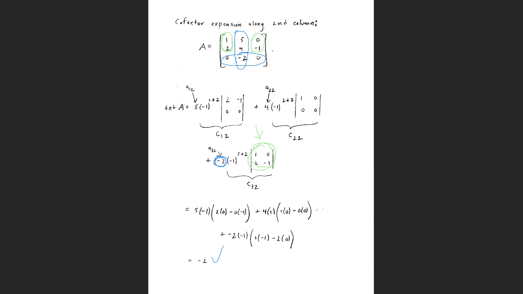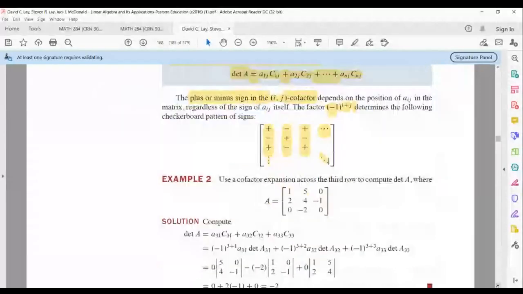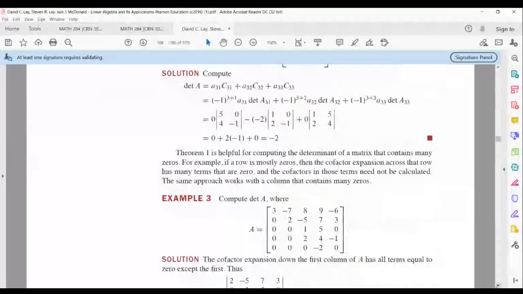If you're good with this, I'll move to example 3. Okay, let me do that. Hold on here. I actually could have left that up, but it's fine. Okay, so let's go down here. Look at example 3.